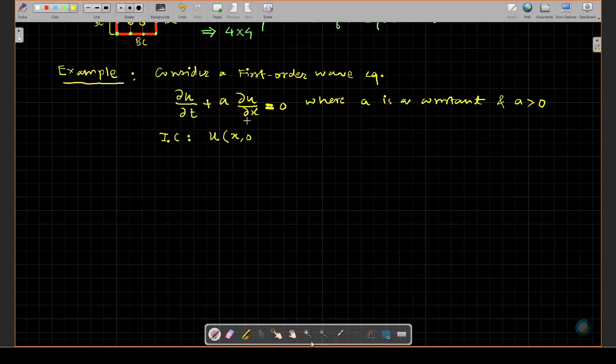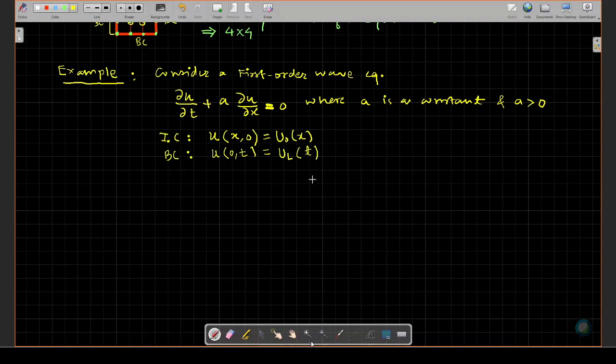This is, say, some function of x, and we need a boundary condition also. That boundary condition at x equals 0, for any t, is u left of t, a function of time.